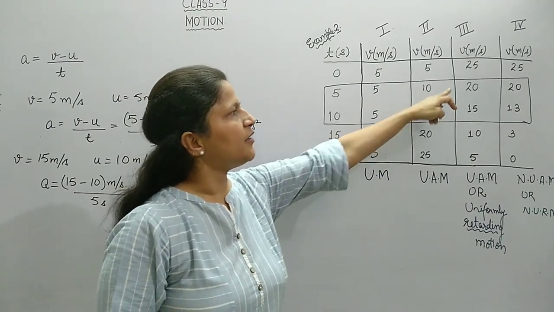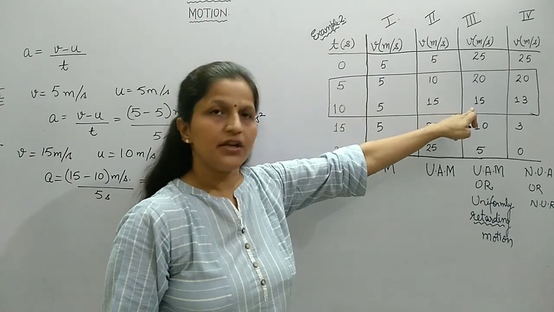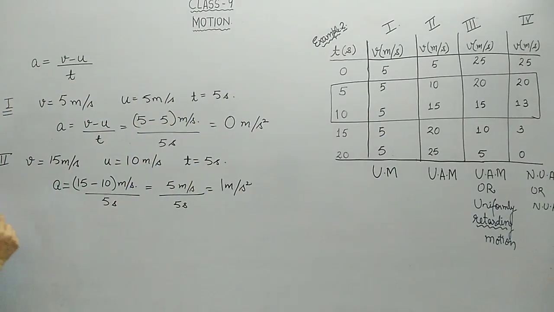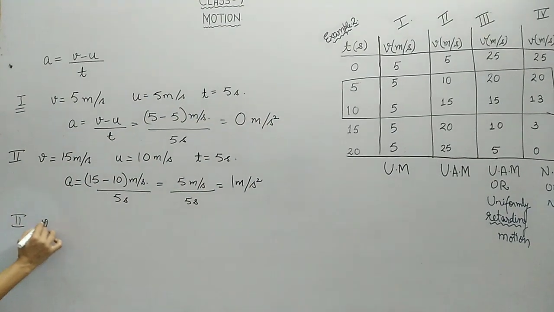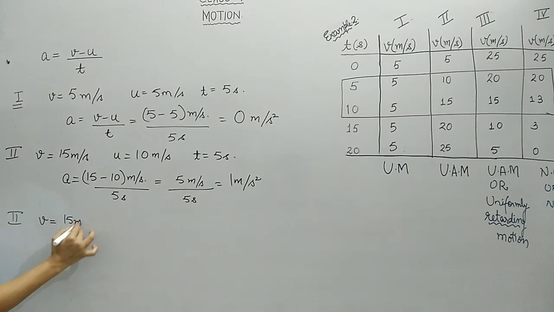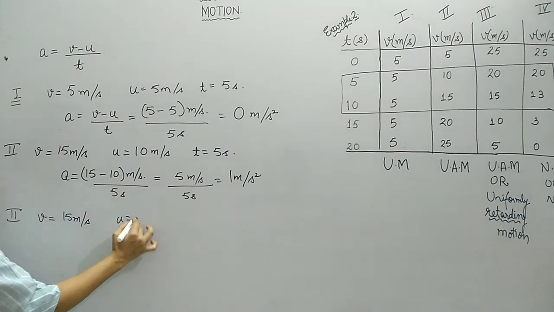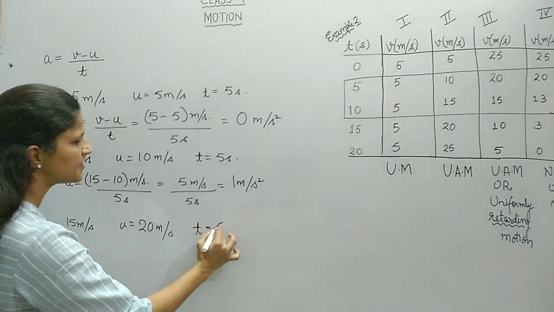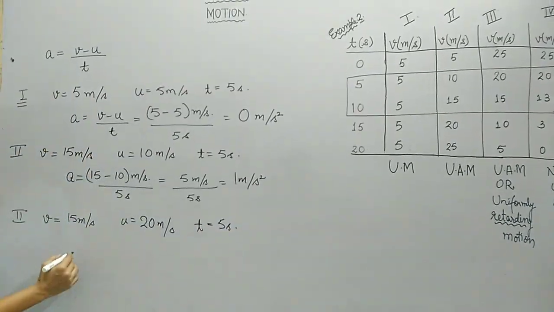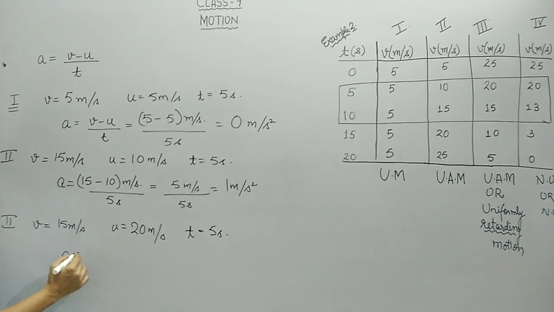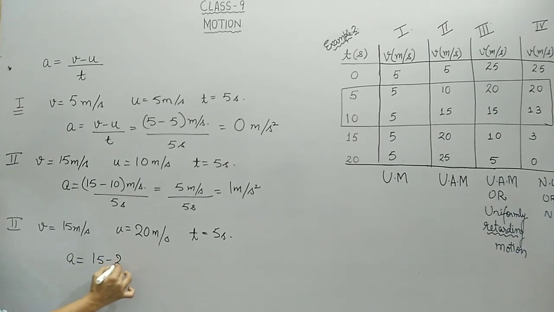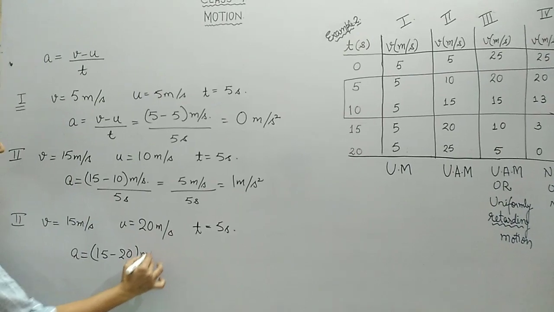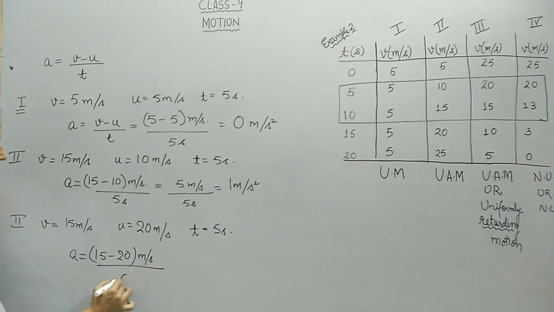For the third object, the initial value is 20 and the final value is 15. Here we will be careful: final value is 15 m/s, the initial value is 20 m/s, and the time interval is 5 seconds. Finding the acceleration, we get final value minus initial value of the velocities in meter per second upon time.